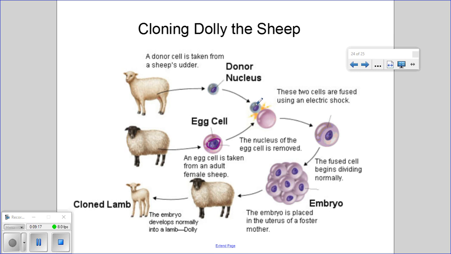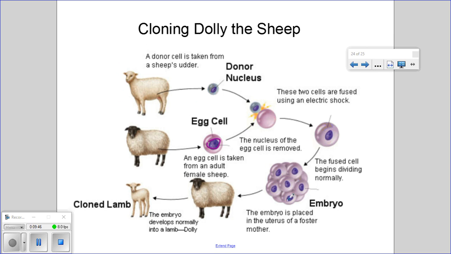So now the nucleus from that donor cell is in the egg cell itself. This egg cell will now start undergoing mitosis, which would develop into an embryo, and all of these cells now contain the genetic material that originated from Dolly the sheep.